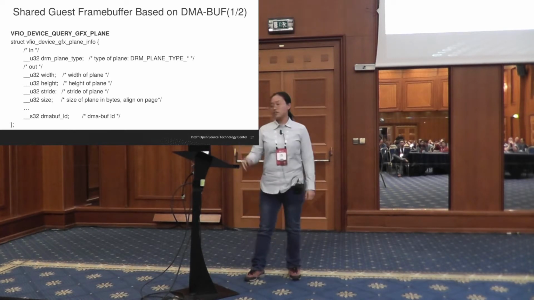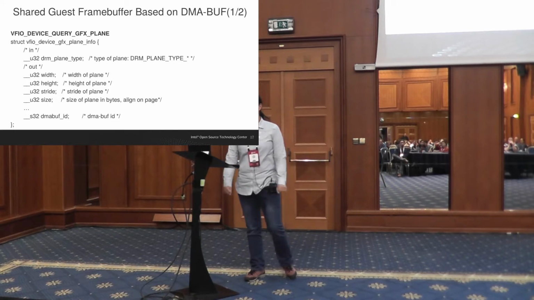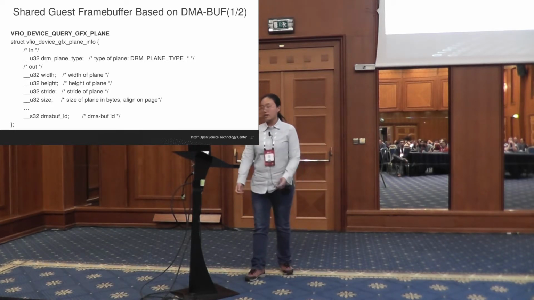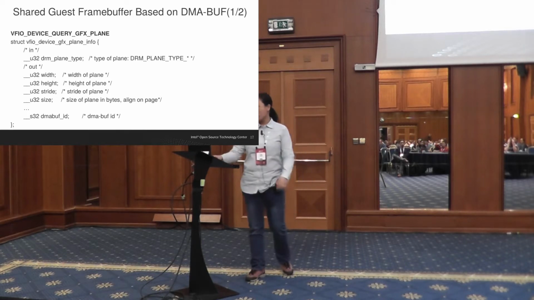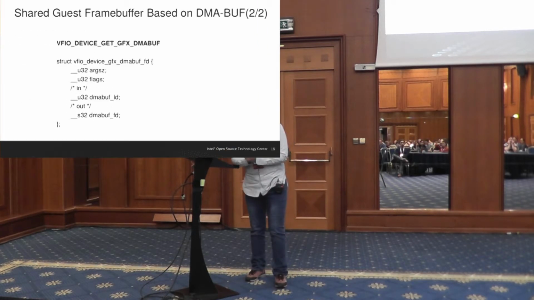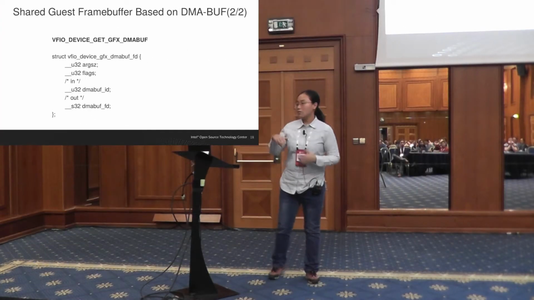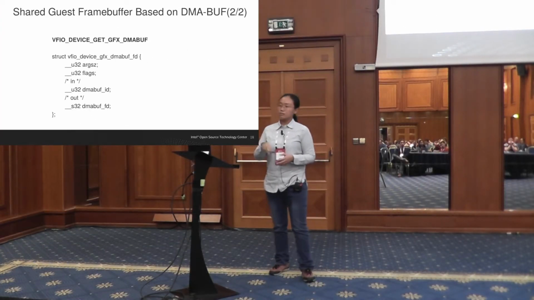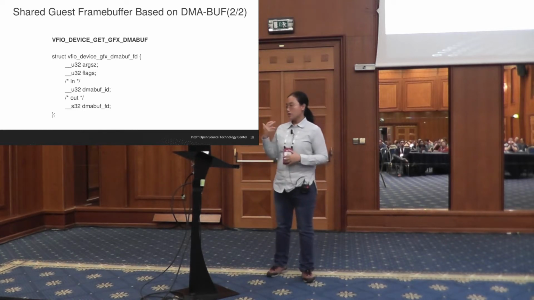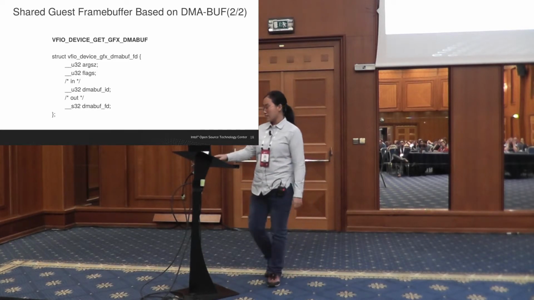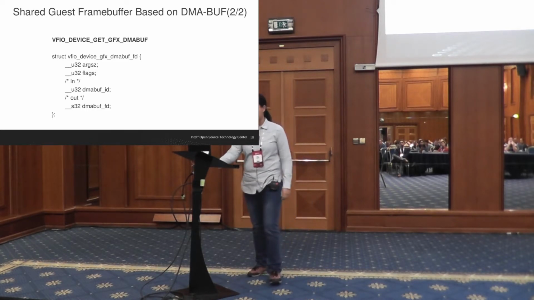And the DMABuf ID is the most important one, which is a token of a frame buffer and is going to be used in the second API. So this is the second API. With the DMABuf ID as the input parameter, this structure can return the DMABuf file descriptor of that DMABuf.